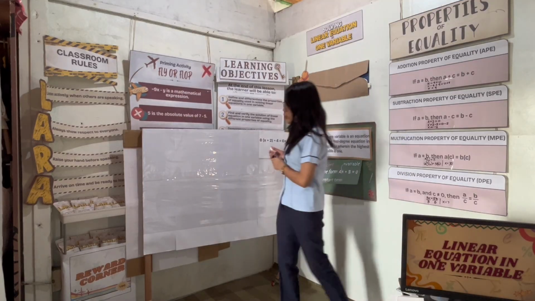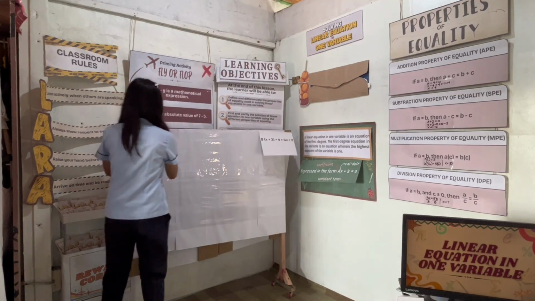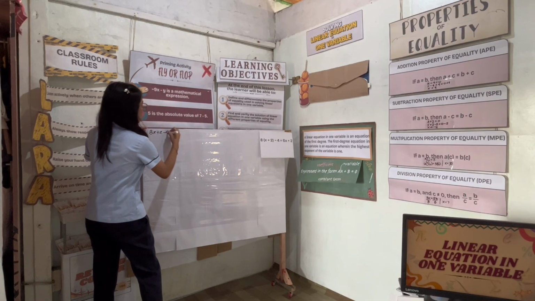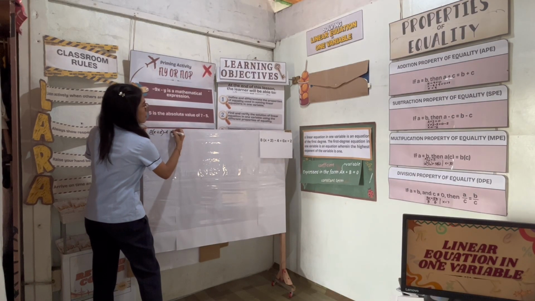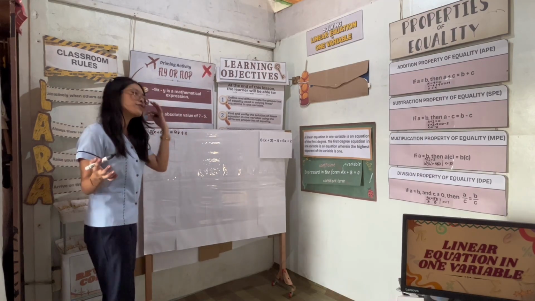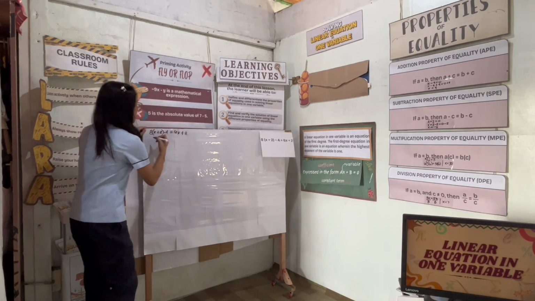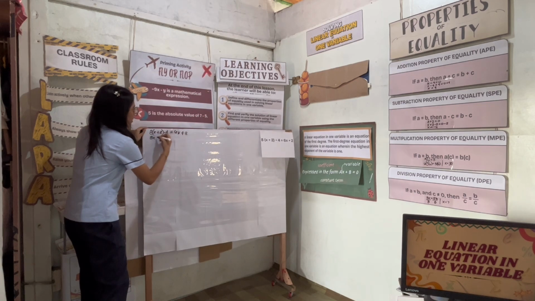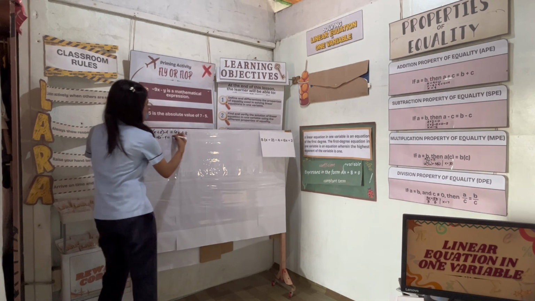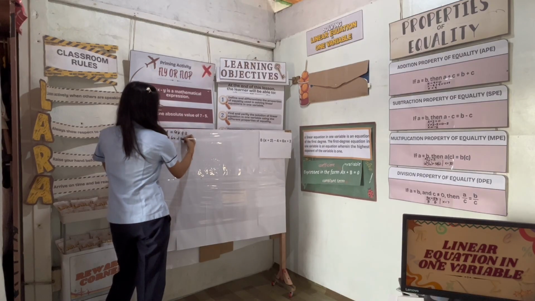First, we need to rewrite our equation. 8 times x plus 2, minus 4, is equal to 6x plus 2. What will be our first step? Yes, very good. We need to distribute the 8. 8 times 2 is 16. Minus 4 is equal to 6x plus 2.